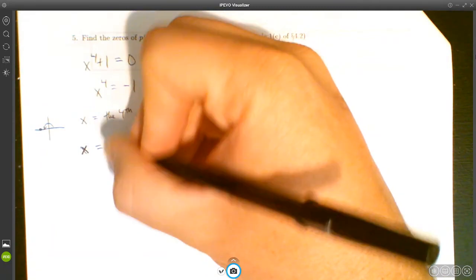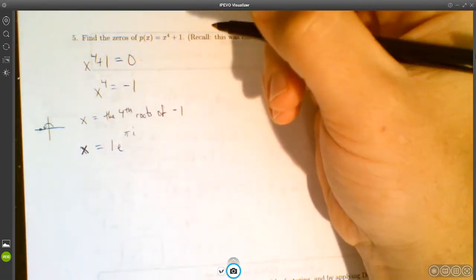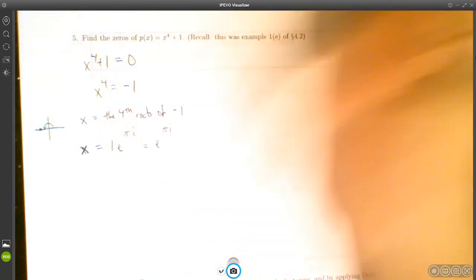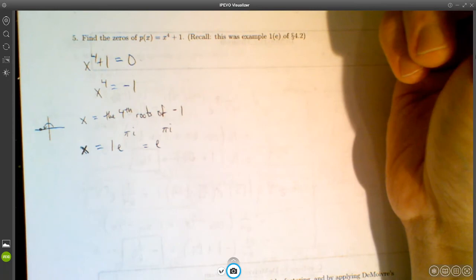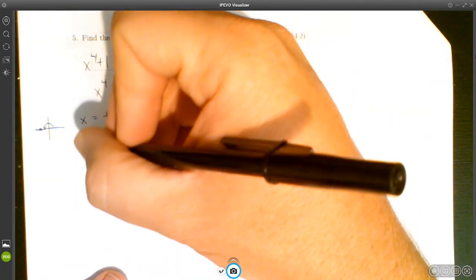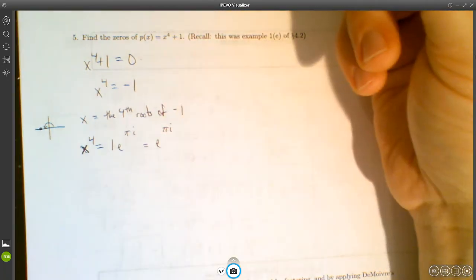So this would be 1 times e to the pi i, or in other words, just e to the pi i. Actually, that's not x, that's x to the 4th. So x to the 4th is going to be e to the pi i. So what is x? x is the 4th roots of e to the pi i.